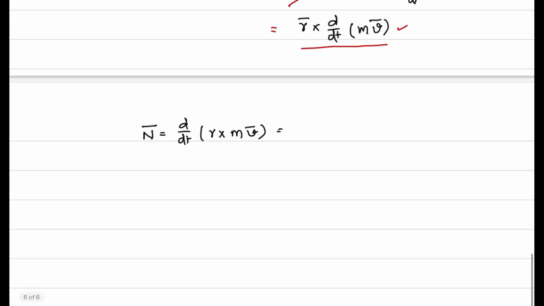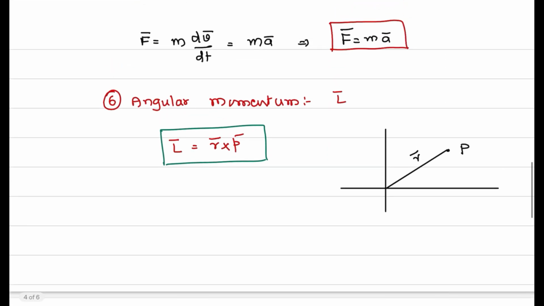Therefore, N, the moment of force, is equal to d by dt of r cross mv. Why is it angular momentum?